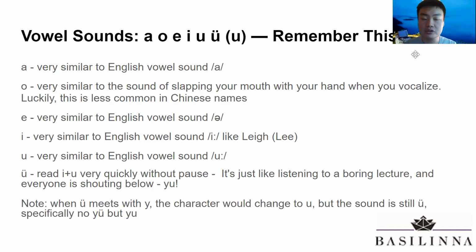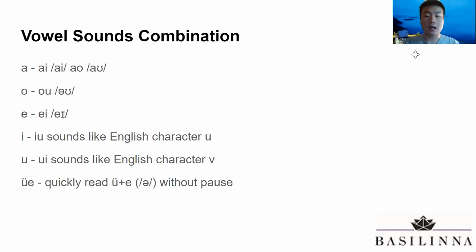And there is a special note that I hope you could know: when yu is mixed with e, the character would change to u, but the sound is still yu. Very simple, right?